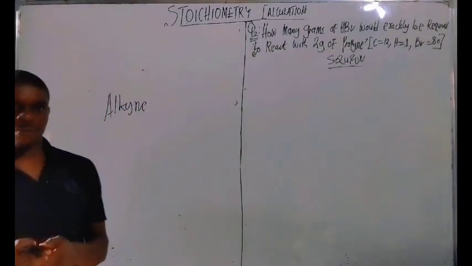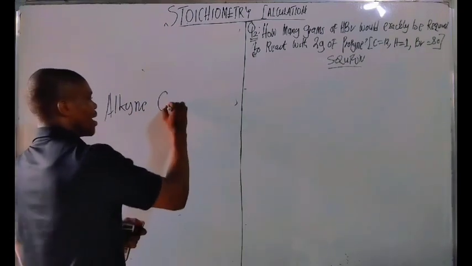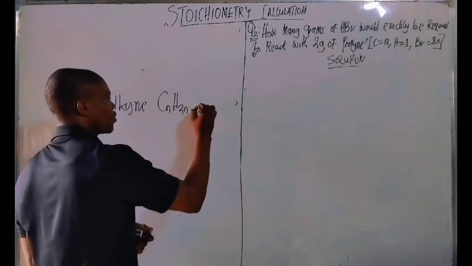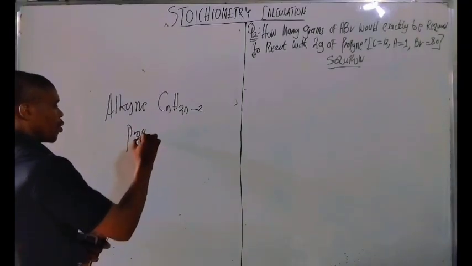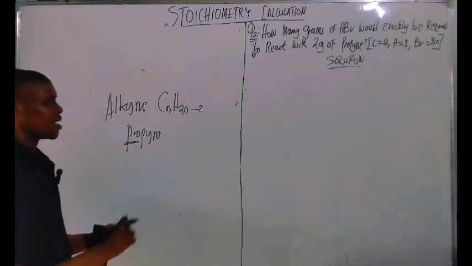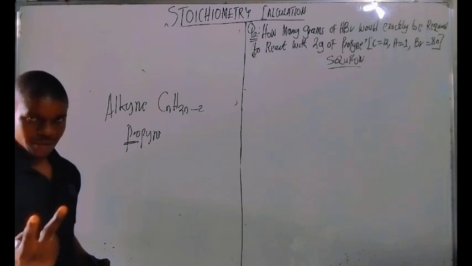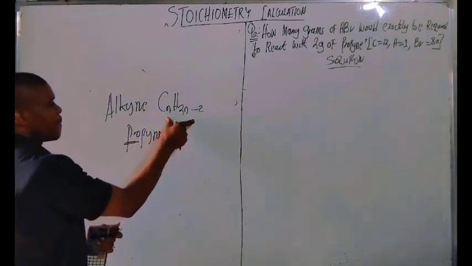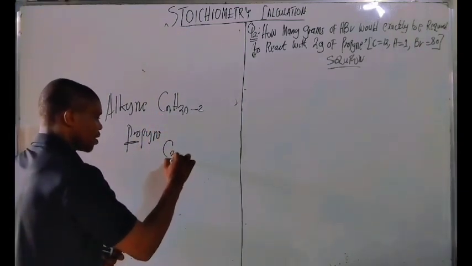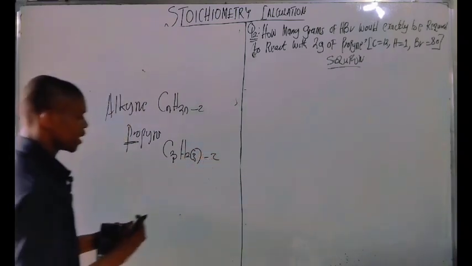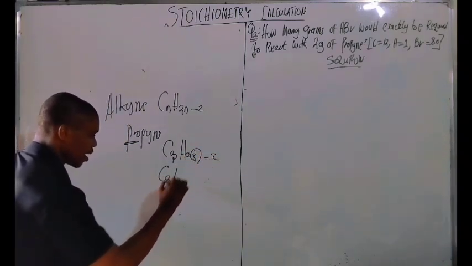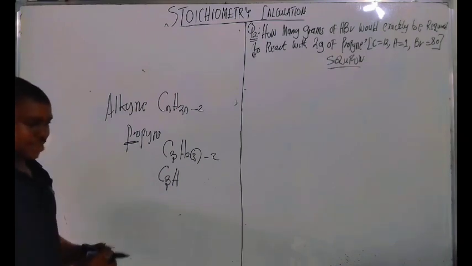And the general molecular formula for alkyne is CnH2n-2, right? Now what about propyne? Prop means the number of carbon atoms is 3. So if you put 3 here, it will be C3H(2 times 3 minus 2). Can you see that? So it's going to be C3H, 2 times 3 is 6.